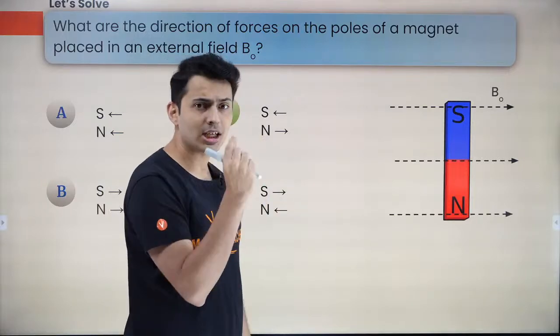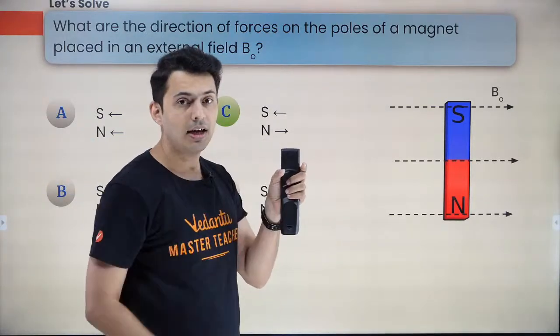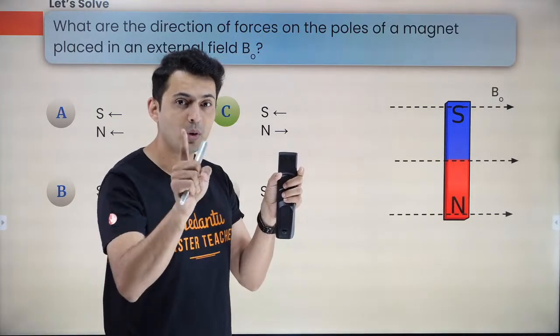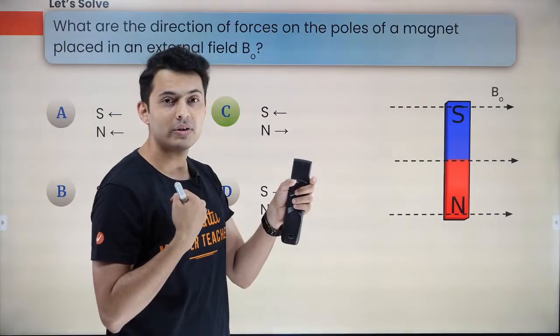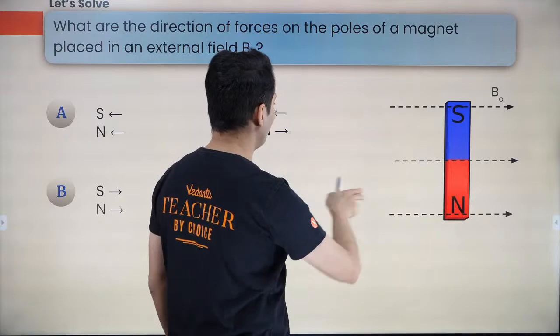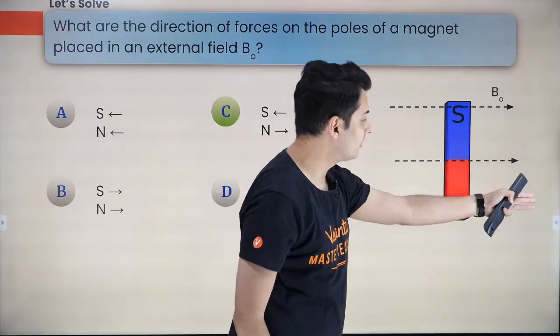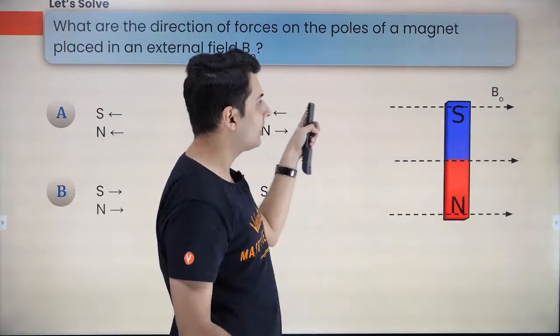Just like if you take a charge and there is electric field, the force on the charge is in the direction of the electric field, provided it's a positive charge. If it's a negative charge, the force is in the opposite direction. Same way, on the north pole the force will be in the direction of the field, and on the south pole, the force will be in the opposite direction of the field.